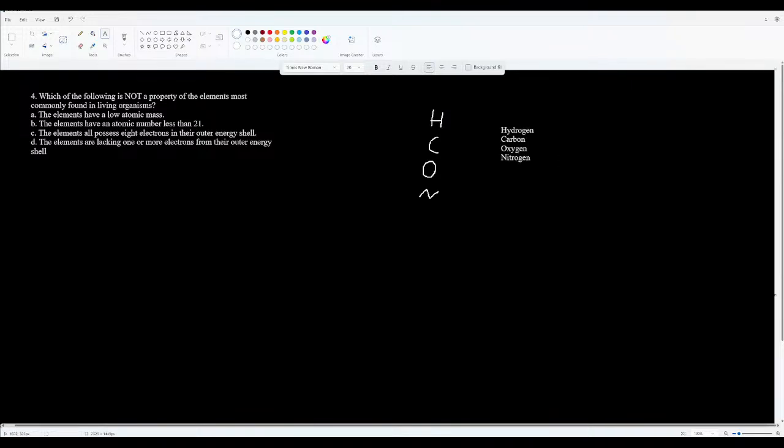So these are the 4 most common elements in the human body, and in most living things, and in all living things, actually. Sorry, I misspoke. All living things have these 4 elements in common: hydrogen, carbon, oxygen, and nitrogen.